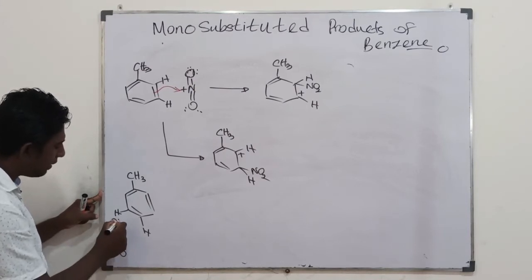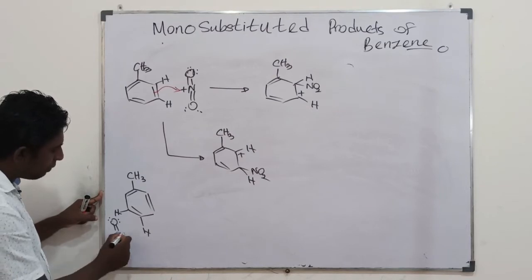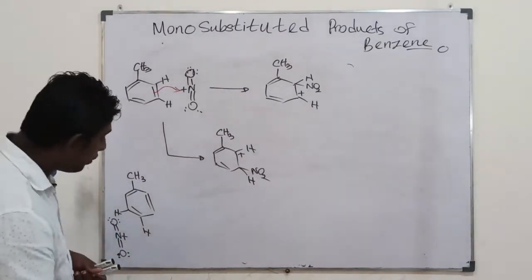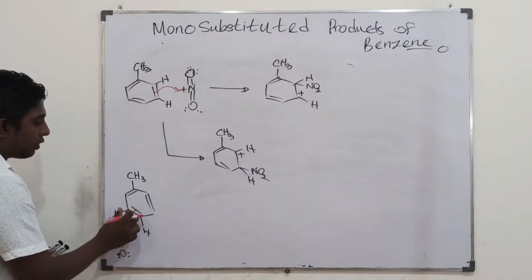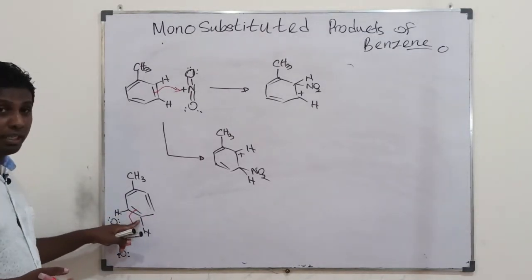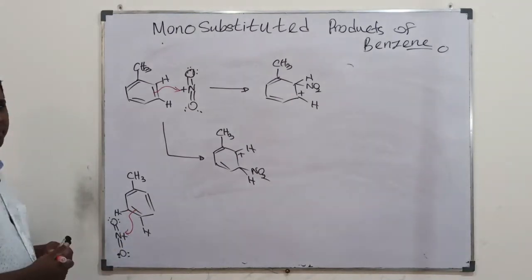So when you have the nitro group, this is the nitro group. Hope you could see that. You have a positive charge on nitrogen, so it is going to attack this pi bond, meaning it's going to attack either this carbon or this carbon. Our concern is position 4, meaning the para position. So we draw the arrow from minus to plus.